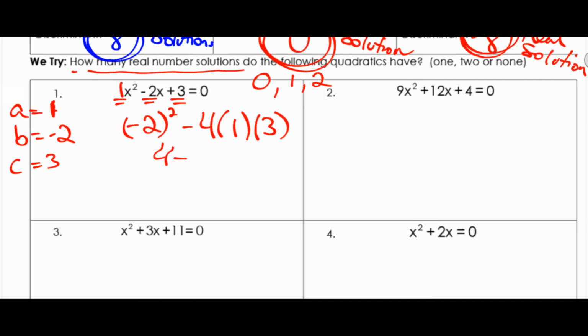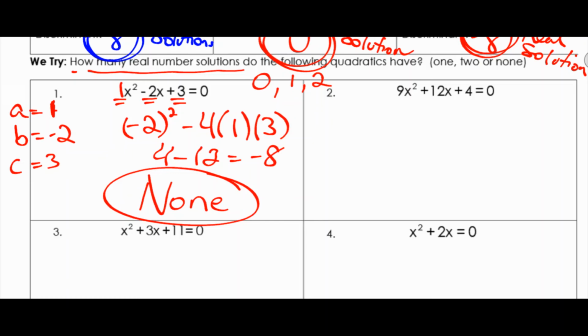Minus 4 times 1 times 3 is 12. That gives me -8. That has no real solutions. If the discriminant is a negative number, I don't have any solutions. In the real number system at least, I don't have any time that that function's actually hitting the x-axis.